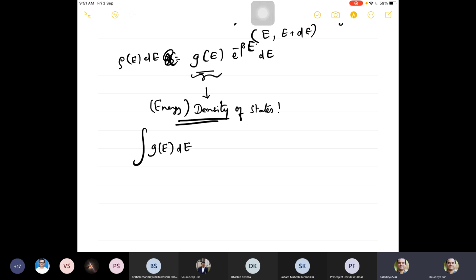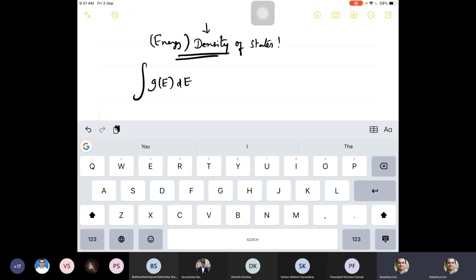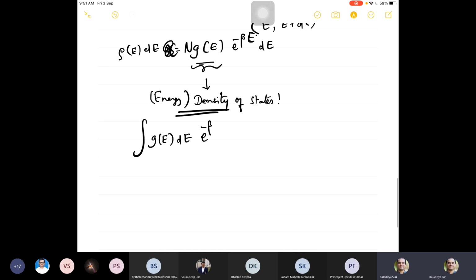Let us say that normalization is capital N. Okay, and you just use the same principle, integral G of E dE e to the power of minus beta E times N equal to 1. So that normalization constant now becomes 1 by integral dE G of E e to the power of minus beta E.